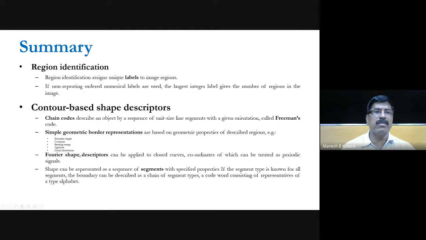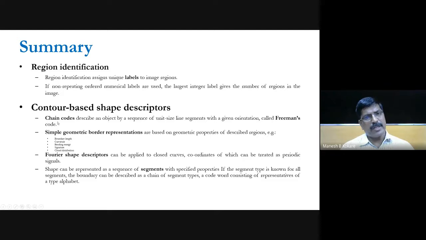Okay. Then, in shape representation, we have studied the first method, that is region identification. In region identification, we have studied how to assign the labels to the different regions as A region, B region, and so on. And then after that, we studied the contour-based shape description.